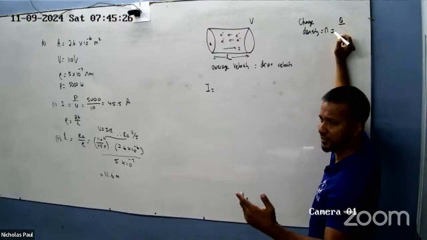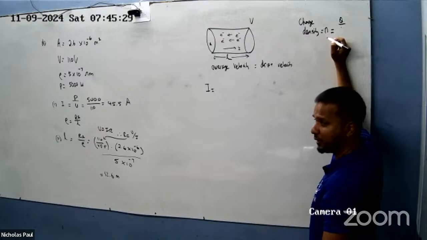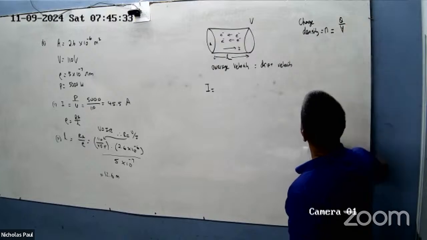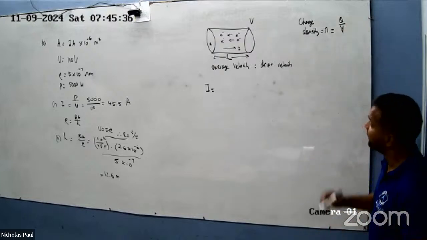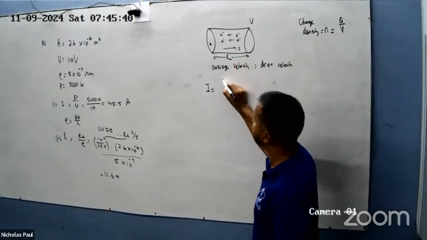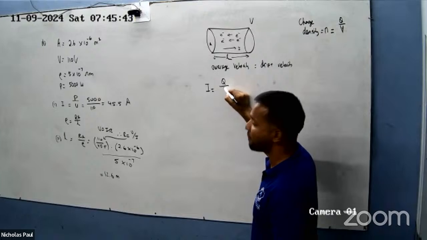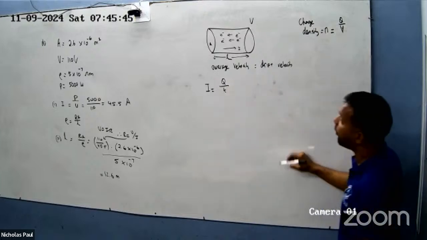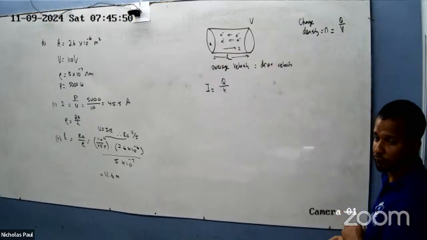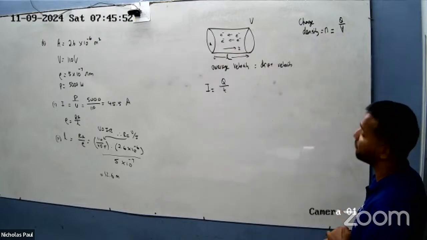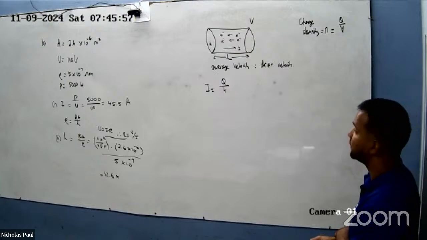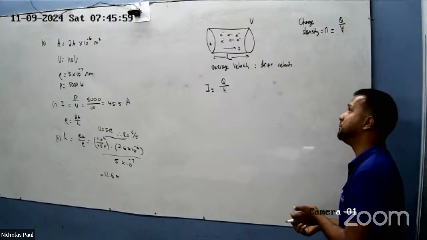So charge density is the charge over the volume. If I wanted to get a current flowing in the circuit, current is what? Charge divided by time. How will I get the charge of everything here? The number of charges times the charge.